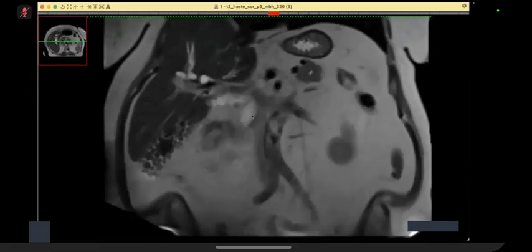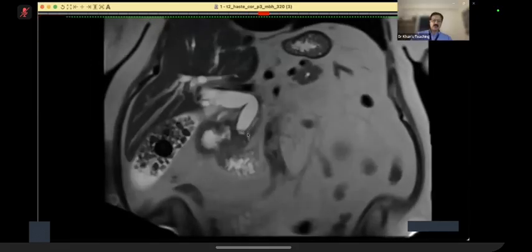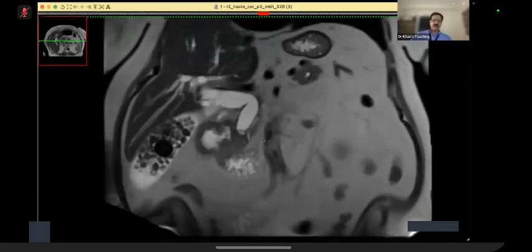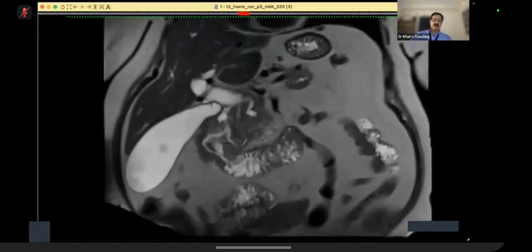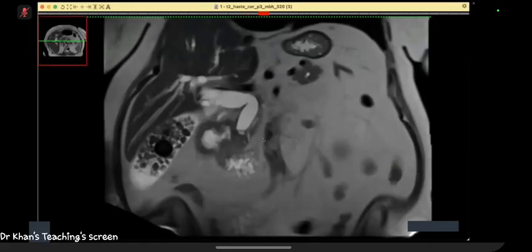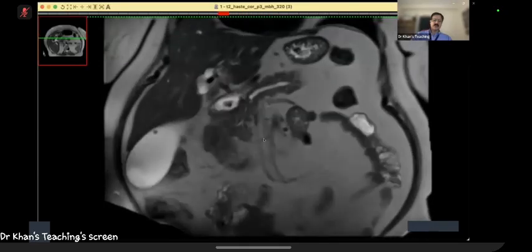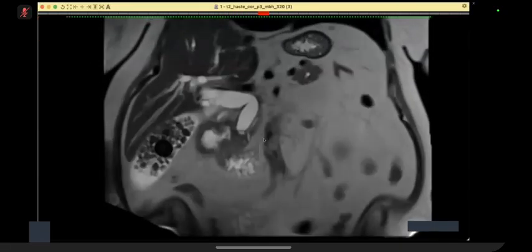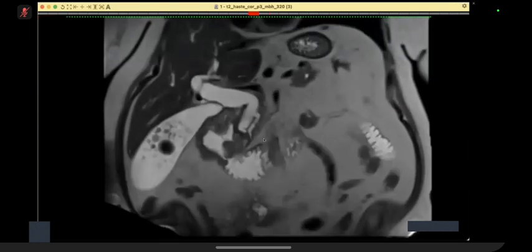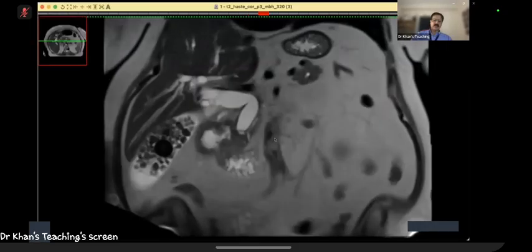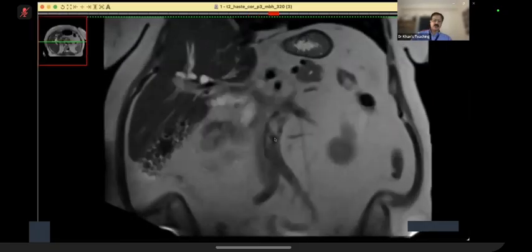At this point, we can see this cutoff of the CBD, which is obstructed. One of the key points which you must point out is whether the pancreatic duct is dilated or not, which is what we call the double duct sign. It is equivocal in this case, but having said that, it should be mentioned.